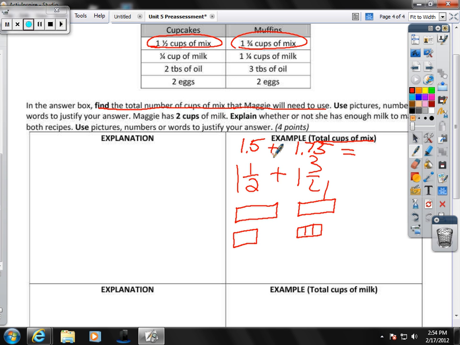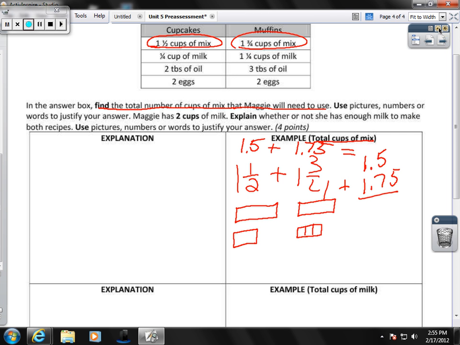All right. So when we add decimals, remember, you guys, we said we got to line up the decimals and add them together. 5, we're going to put a 0 here. 5 and 0 is 5. 7 and 5 is 12.